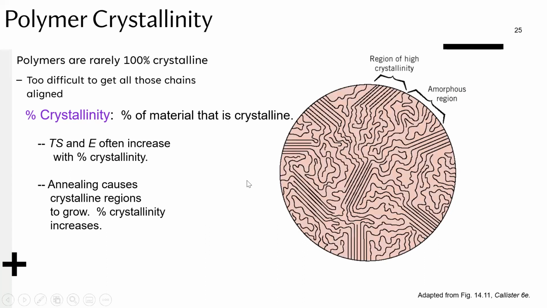So this is a schematic of what that looks like. You have a structure where a lot of the regions are going to be amorphous, and a lot of the regions are going to have crystallinity at a high level. So you've got both crystalline regions and amorphous regions. So it's a mixture of these two.